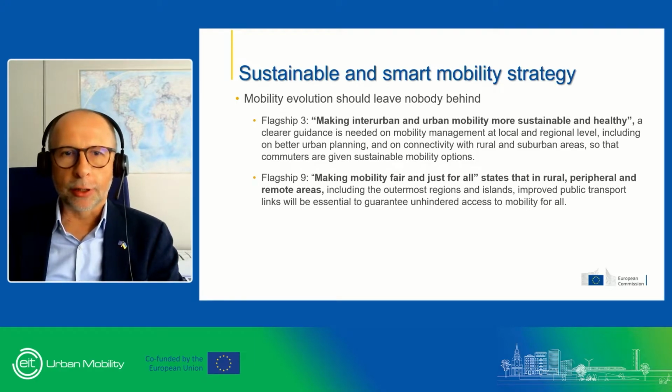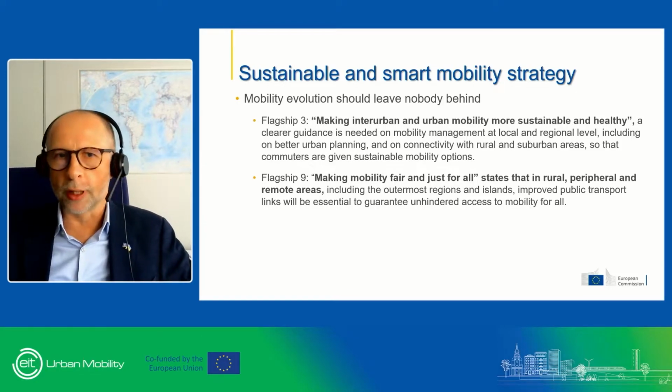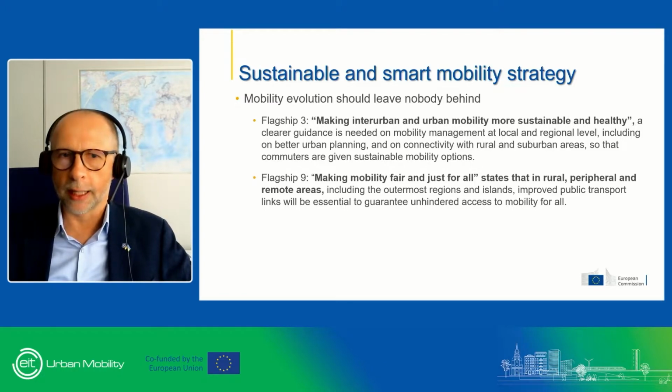In this strategy, there are 10 flagships. Two of them are very relevant to DRT. Flagship 3, making interurban and urban mobility more sustainable and healthy, and flagship 9, making mobility fair and just for all.